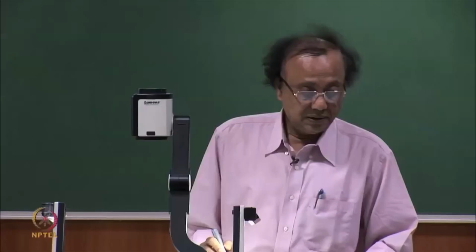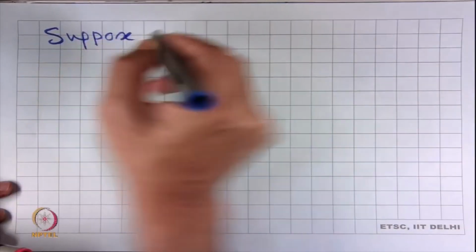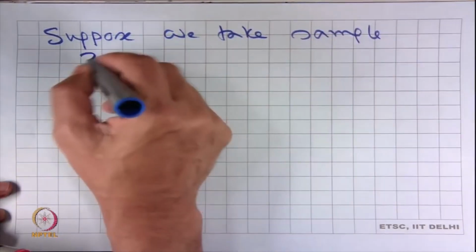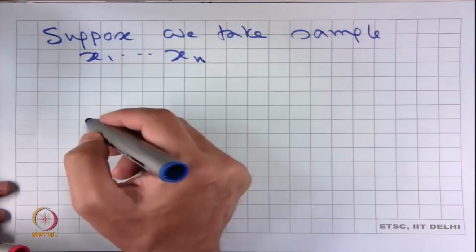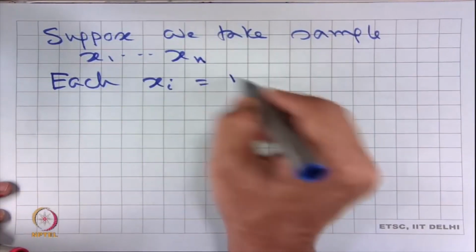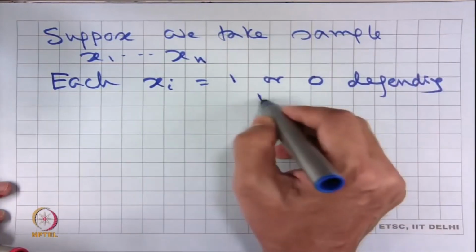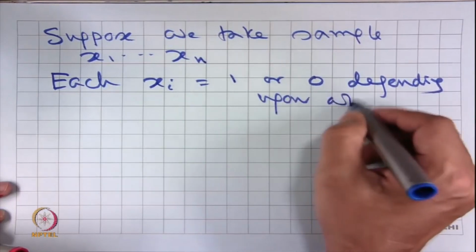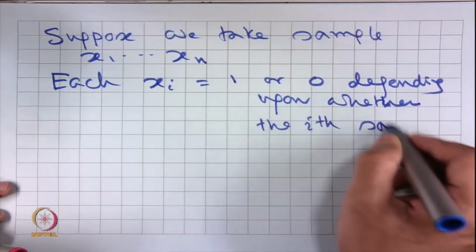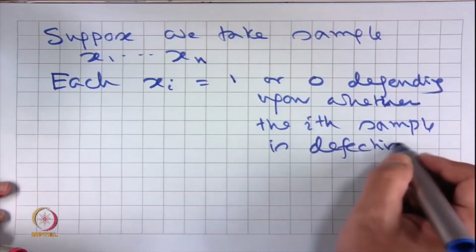And suppose we take a sample, each xi is equal to 1 or 0 depending upon whether the ith sample is defective or not.